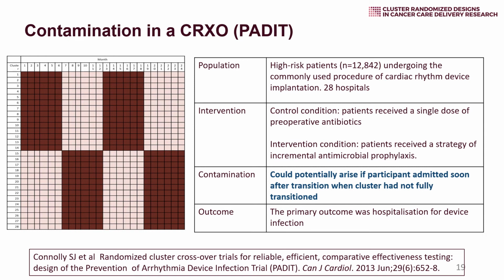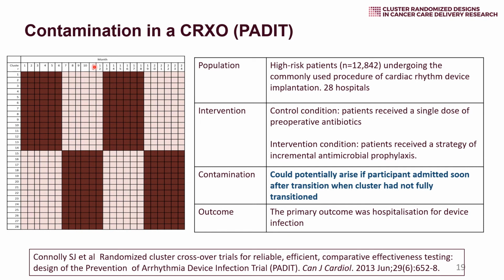So the control condition here was that patients received a single dose of preoperative antibiotics, and in the intervention condition, they received a strategy of incremental antibiotics. Now, contamination could have arisen here if participants were admitted soon after the transition period when the cluster had not fully transitioned.